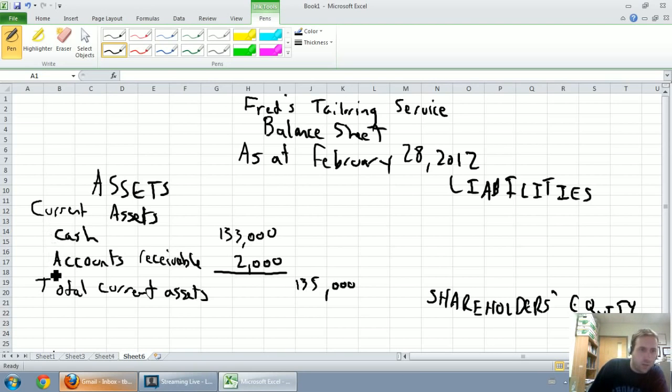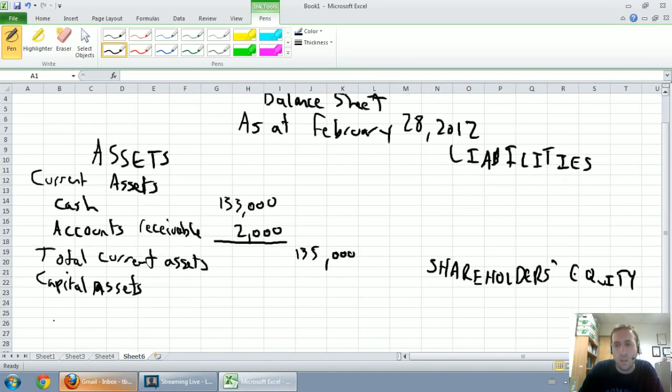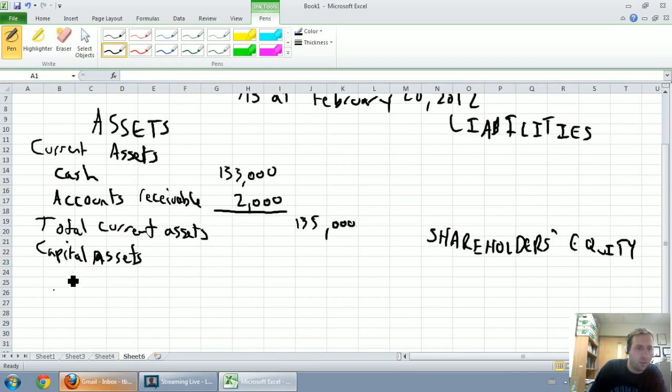We also said we have capital assets. And first is our computer, and next is going to be our sewing machine.